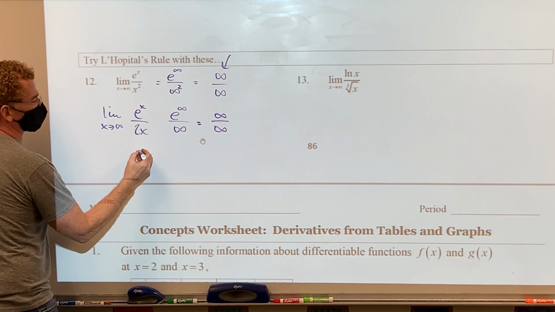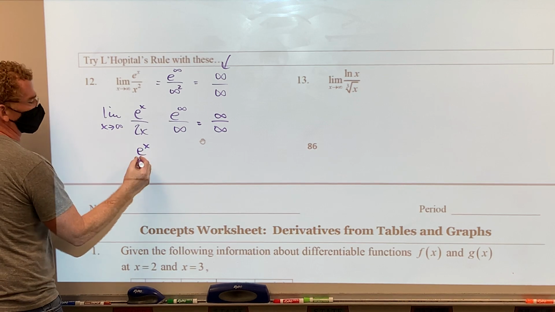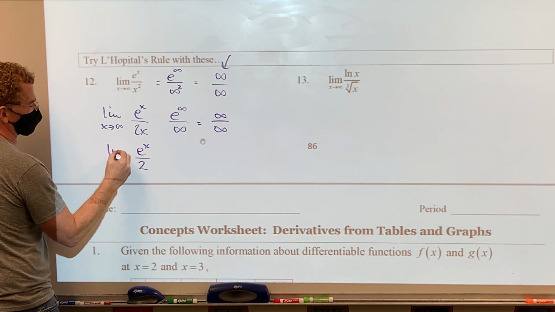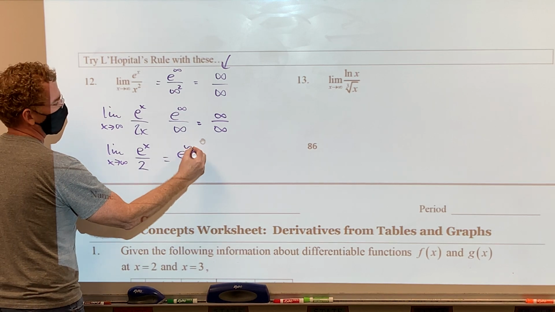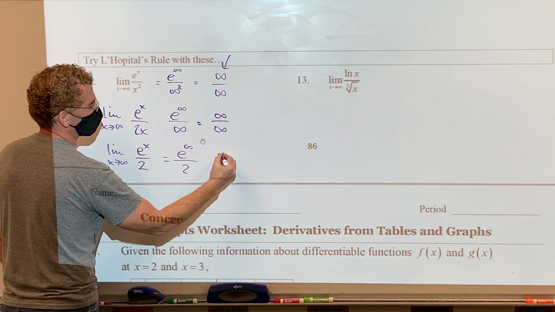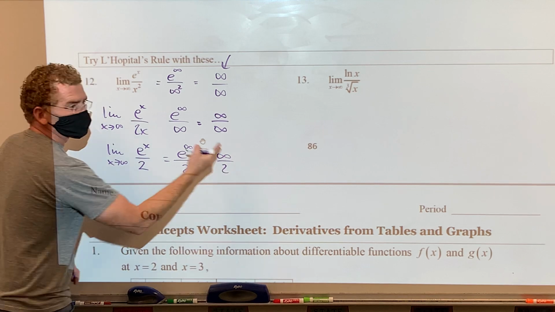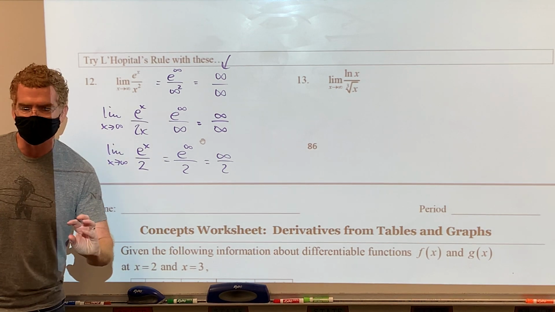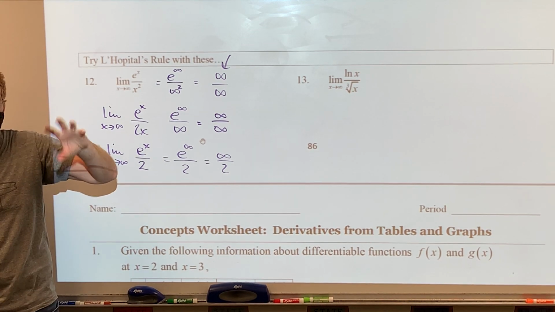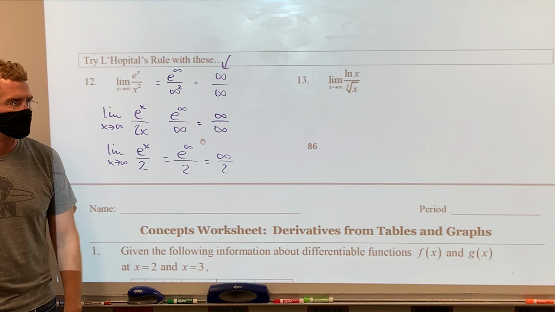So I take the derivative of the top again, I take the derivative of the bottom. Oh, now what happens? Now when I plug an infinity in, I get an infinity over 2. Well, now it's no longer a situation that I can use L'Hopital's with, but I can make sense of it. If I have a non-growing element on the bottom and a growing element on the top, what's that fraction approaching?